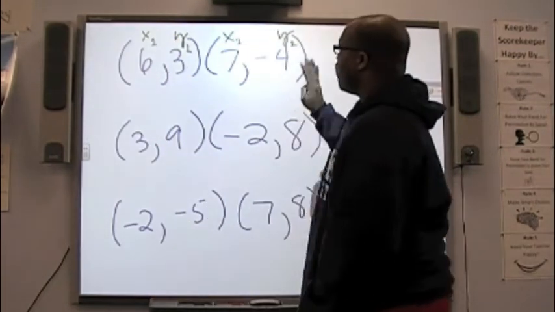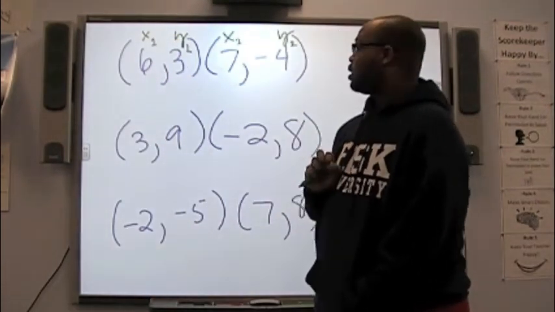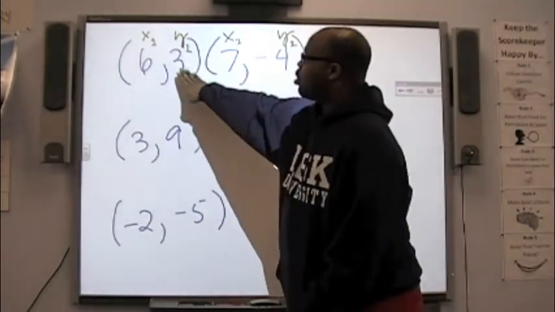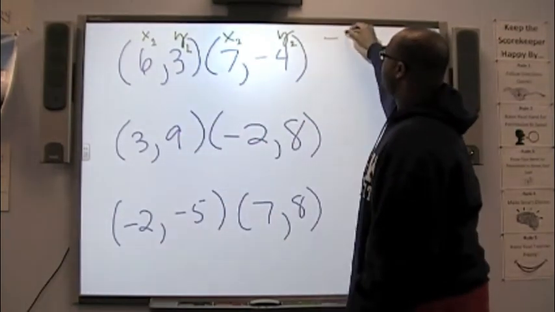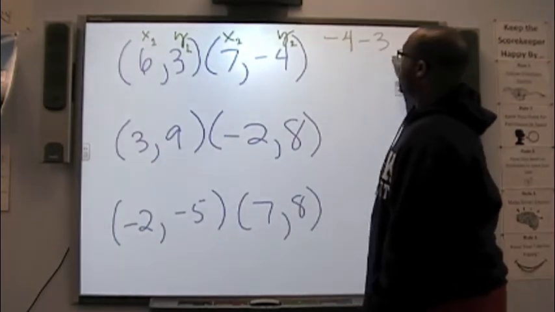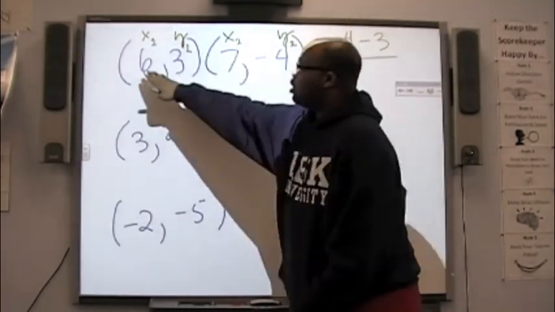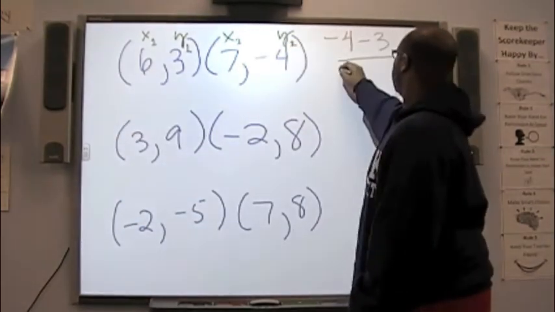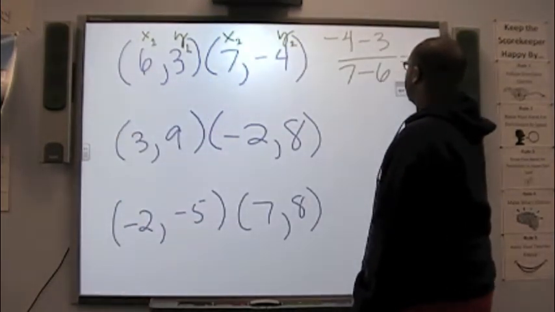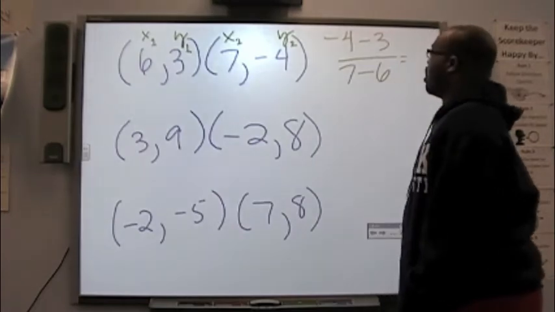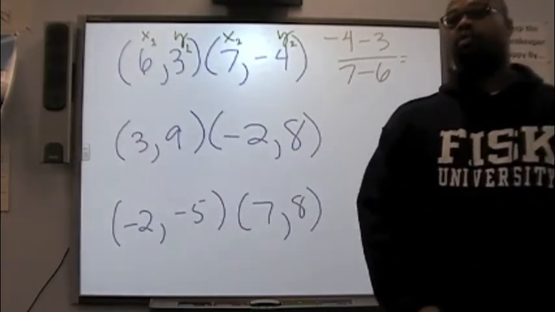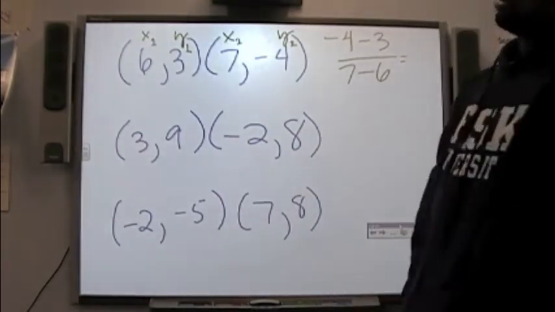And so if we're going to find the change in those, we're going to have final minus initial: -4 minus 3 for our change in y, divided by the change in x, which is going to be 7 minus 6. I need to remember the rule for adding and subtracting integers.